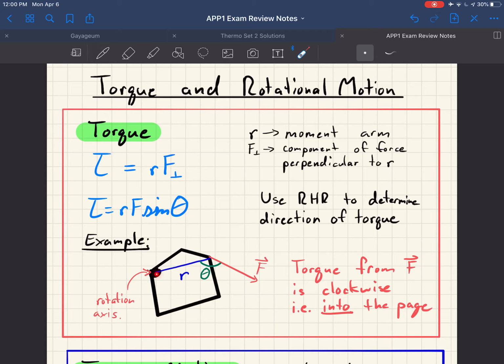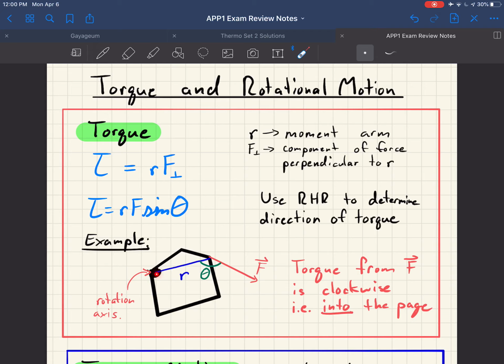So the torque caused by F3, rotating it this way, an into the page torque, should be balanced with the torque caused by F2, which is trying to make it rotate that way. So the net torque equals zero equation would simplify to look like this if we made this the rotation axis. If we put the rotation axis somewhere different, we'll have a different equation. But you can put it wherever you want. Whatever equation you derive will be valid.